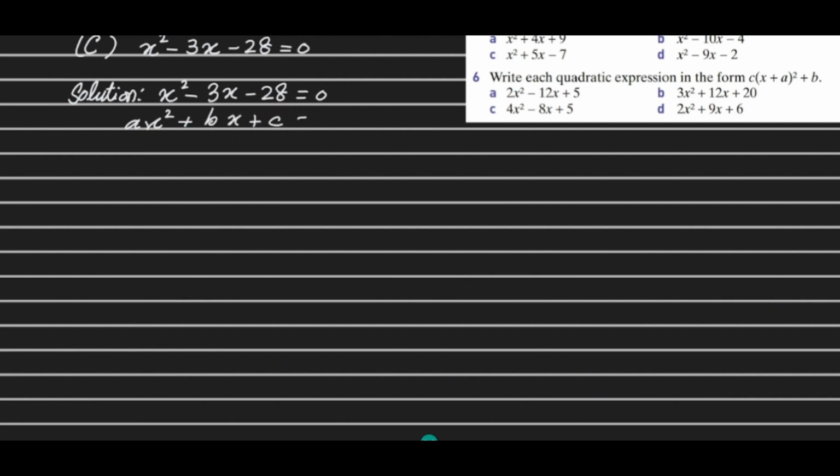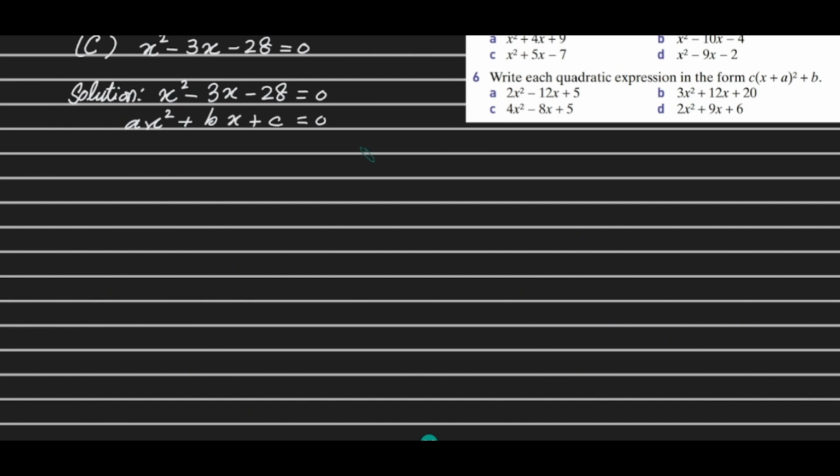This is the quadratic equation. We compare, and 3x is the midterm. We have to make the pairs whose sum should be equal to minus 3x and whose product should be equal to the product of the extreme terms, that is minus 28x squared.